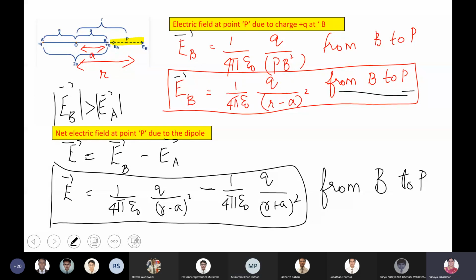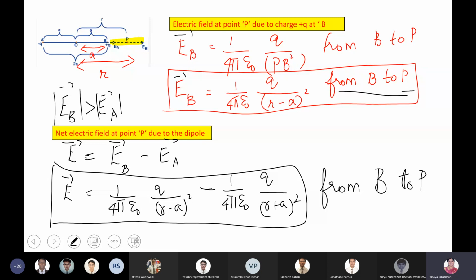Because the charge plus Q is closer to point P rather than the charge minus Q. Both the charges plus Q and minus Q are creating the electric field. But for the charge which is closer to the point P, the strength of the electric field will be more, right?